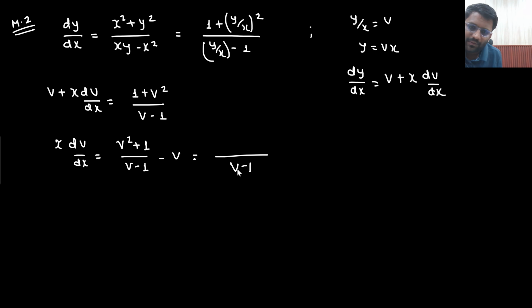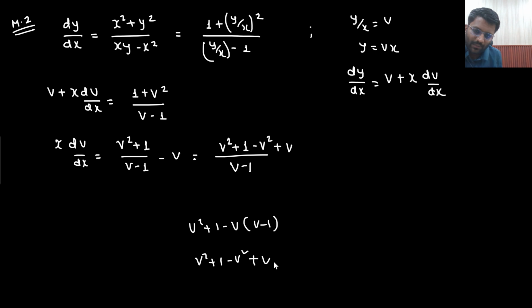So what answer are we getting? (v square plus 1 minus v times (v minus 1)) upon (v minus 1), so v square plus 1 minus v square plus v.